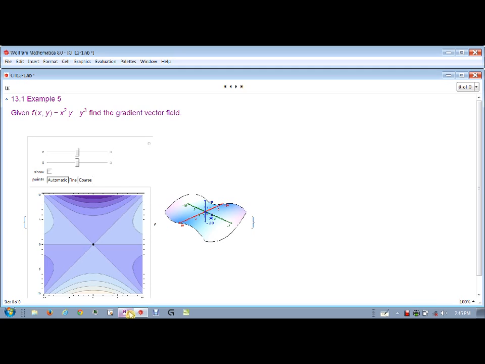Now that I could say is a vector field, right? And I could say for every point on the plane, I have a vector. So imagine now that this is the plane that I'm talking about, and I'm going to define a vector field on this plane, and that vector field is going to be that gradient vector field, all right? What does it look like?